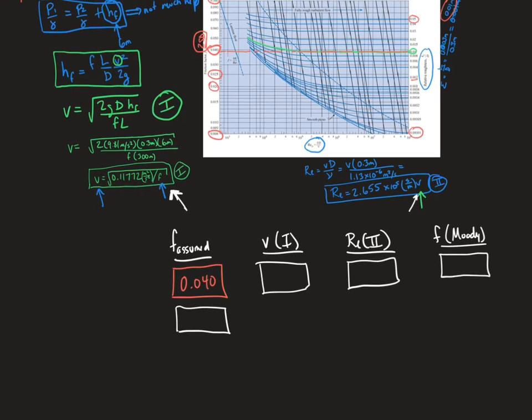So I'm going to take that number and plug it right here, into this equation. And what's going to come out, from 1, is 1.715 meters per second.